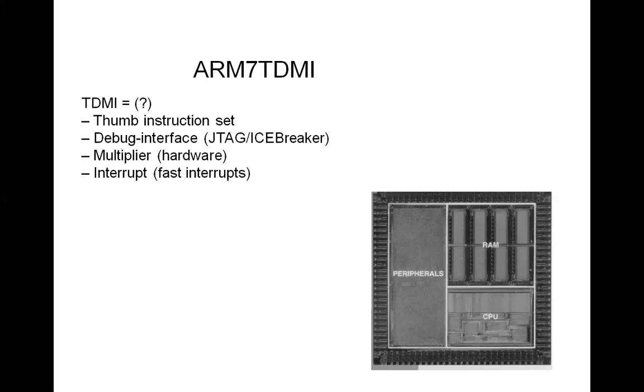Here this debug interface is linked with a JTAG or ICE breaker. So these two utilities are also clubbed with the debug interface facilities. This is one of the sections available with this controller, the debug interface.